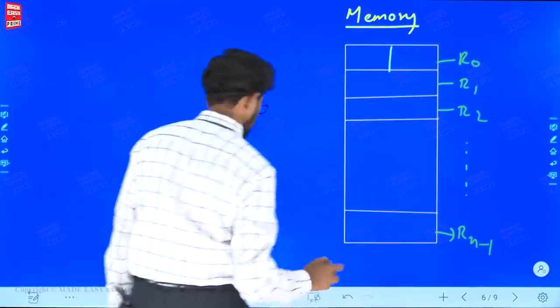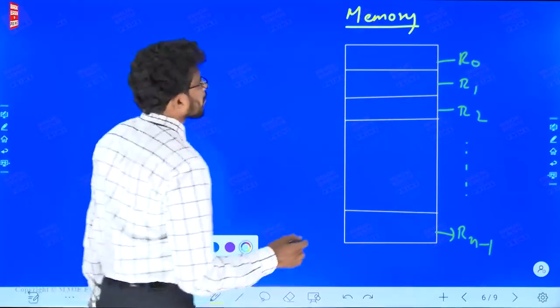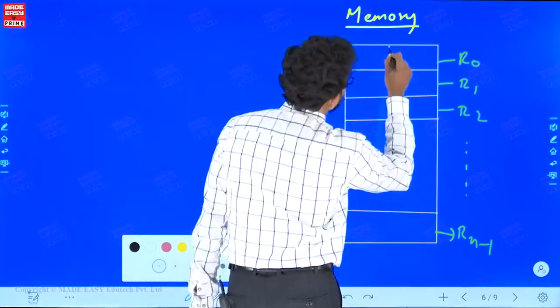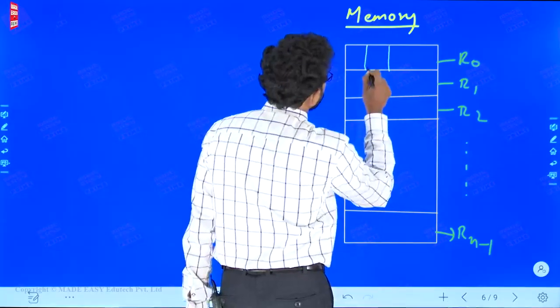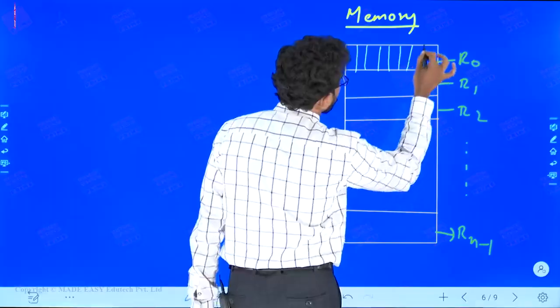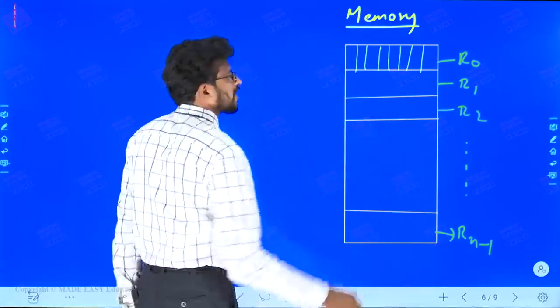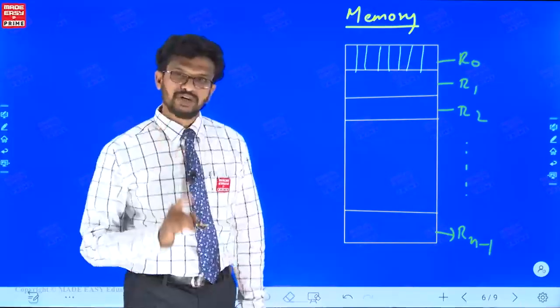A register is simply a group of flip-flops, and a flip-flop is a memory cell which can store a bit.